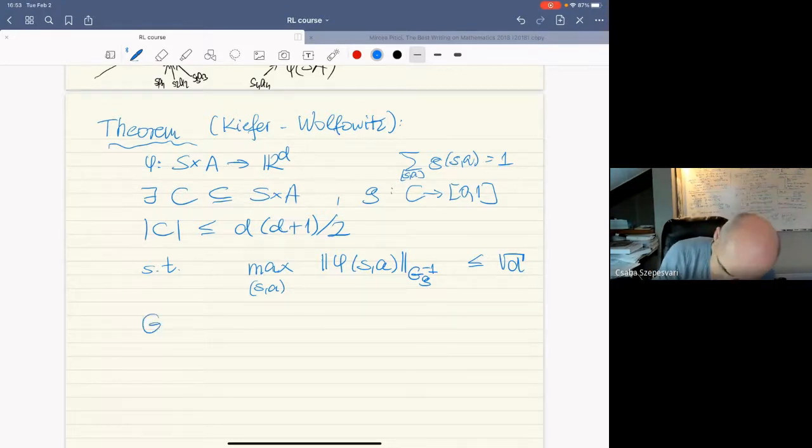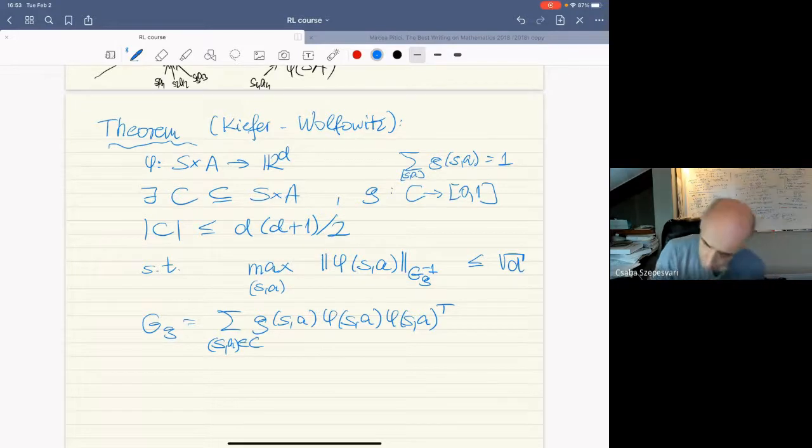And here G of rho is this Gramian matrix, which we all know and love from least squares. And finally, if you have a positive definite matrix P, then this norm is x transpose P x.